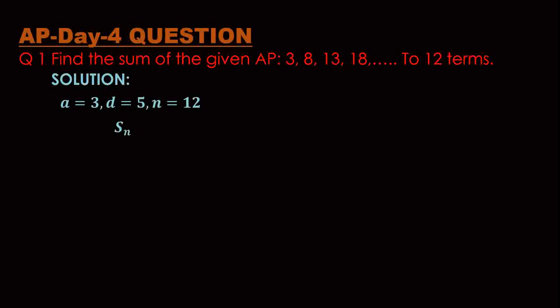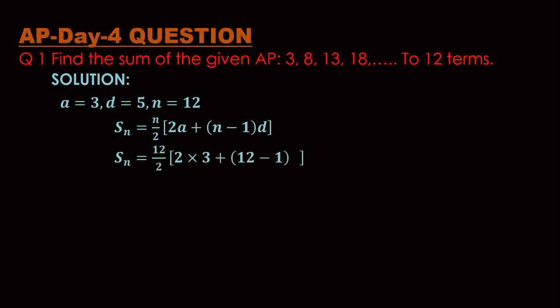Now let's use the formula. Sn equal to n by 2 into twice a plus n minus 1 d. So we just need to substitute the values. So Sn equal to n, the value of n is 12, 12 by 2, then the value of a is 3, so 2 into 3 plus 12 minus 1 into 5.